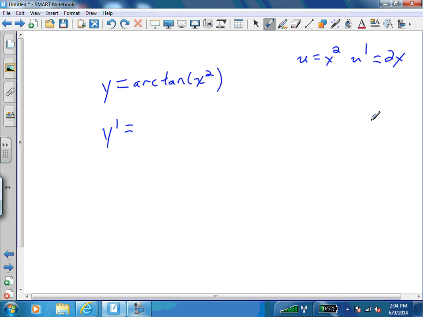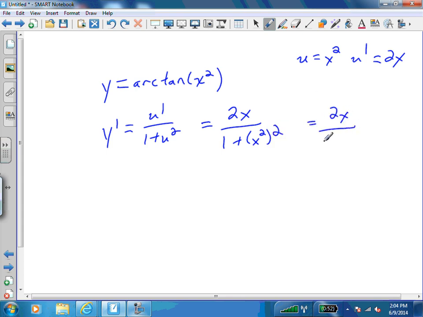And our formula for taking that derivative is u prime over 1 plus u squared. So u prime over 1 plus x squared squared. So 2x over 1 plus, what's x squared squared? X to the 4th. So that's the derivative of arc tangent x squared.